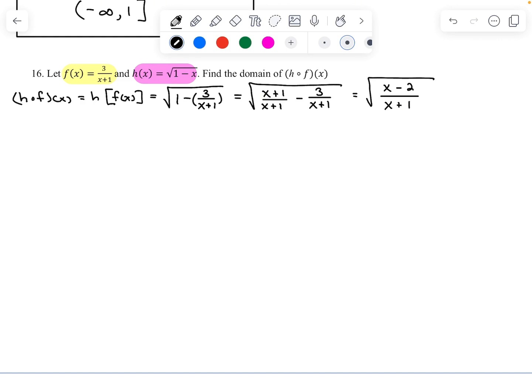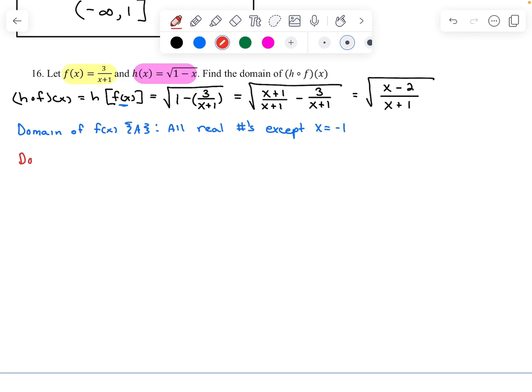All right, now to find the domain of this composite function, I'm going to start by finding the domain of f. And I'm going to call the domain of f A. And the domain of f is all real numbers except x is equal to -1.